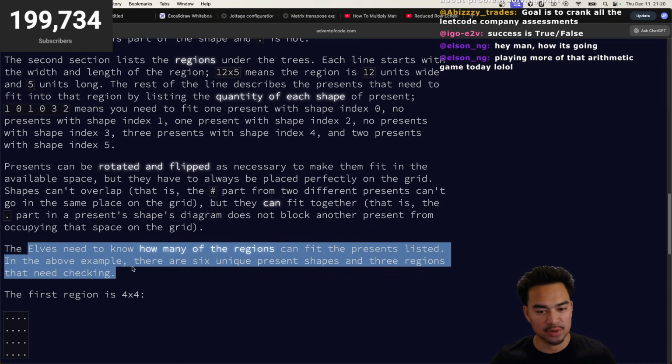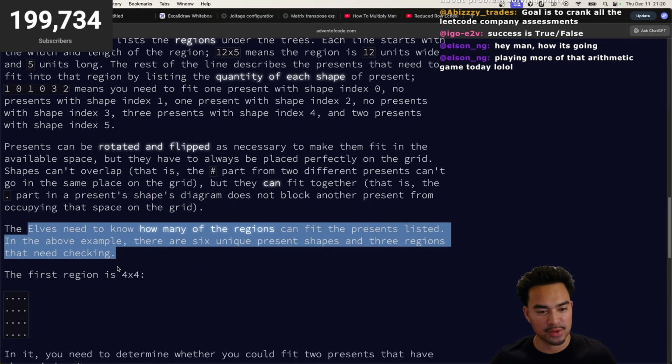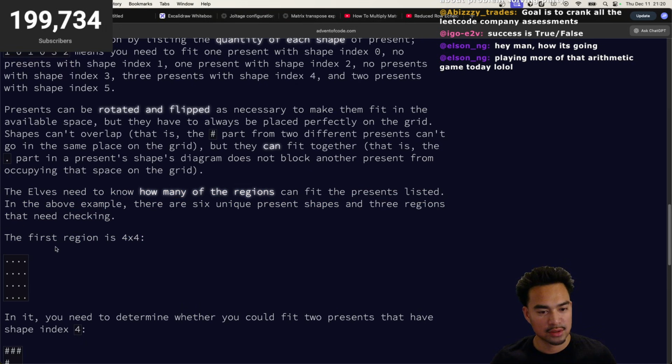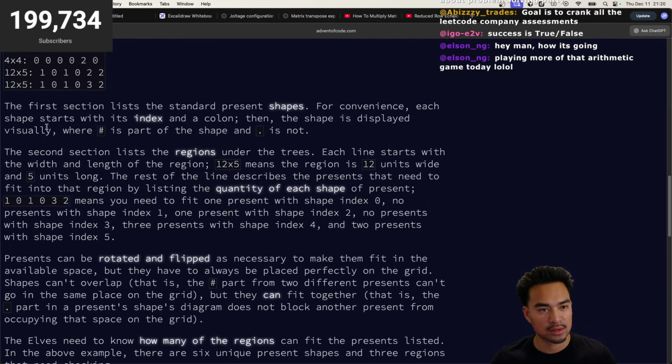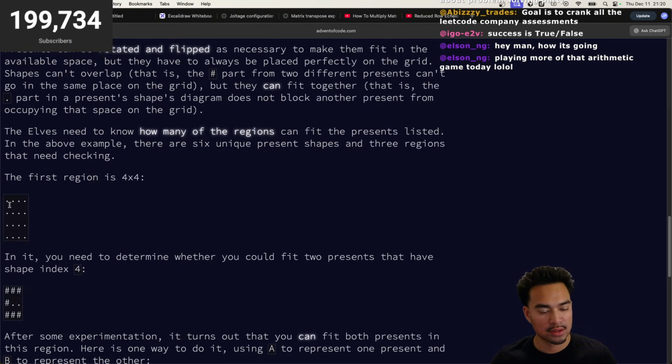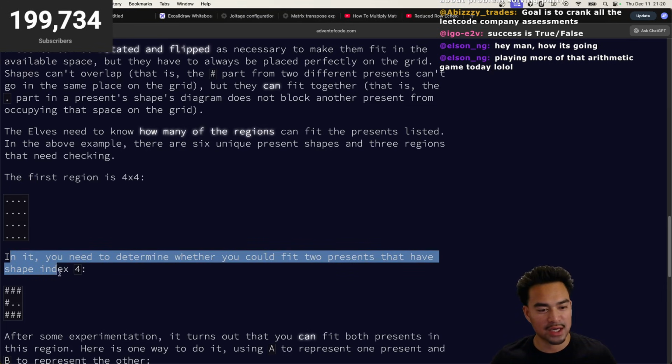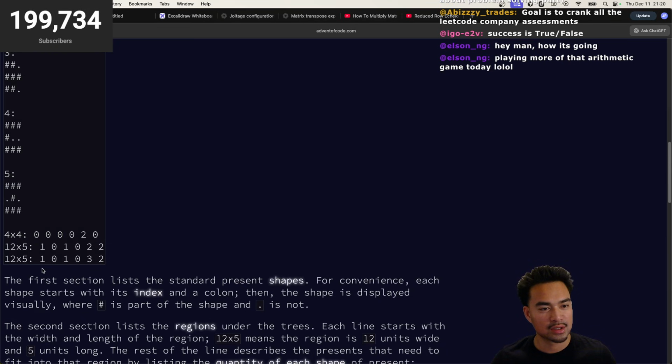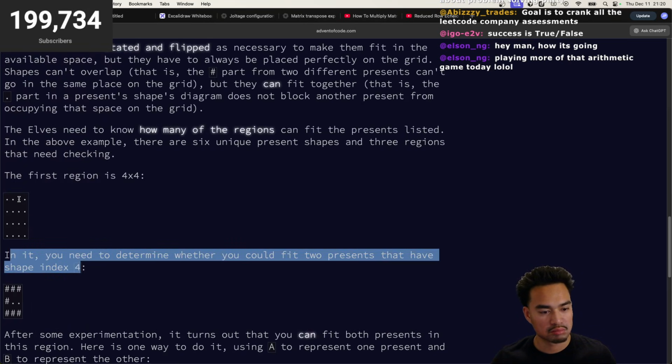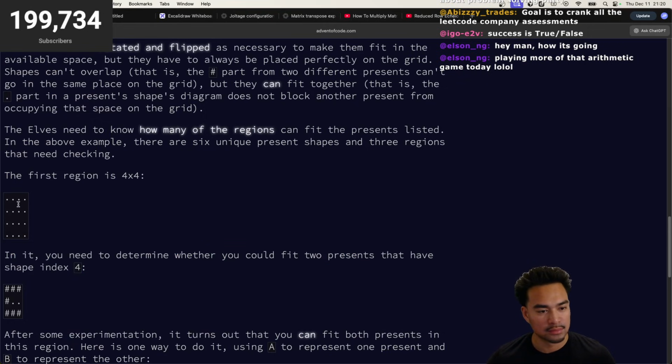In the above example, there are 6 unique present shapes and 3 regions. The first region is 4 by 4. In it, we need to determine whether you can fit 2 presents that have shape index 4. Yeah, you can fit 2 with index 4.